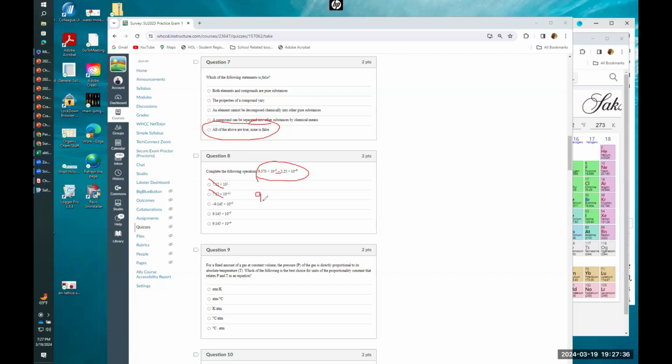I'm using my phone. Type in 9.37, and then you're going to type in 70 EE, or you'll see EXP, or sometimes you'll see times 10 to the whatever. And then you're going to put in a negative symbol, not subtraction, but just a negative symbol, and 5. And then you're going to hit subtract.